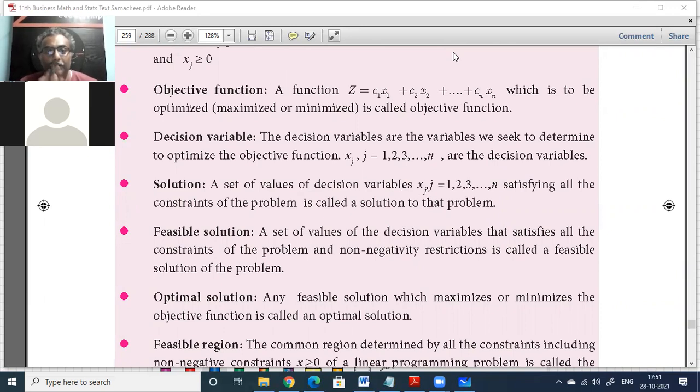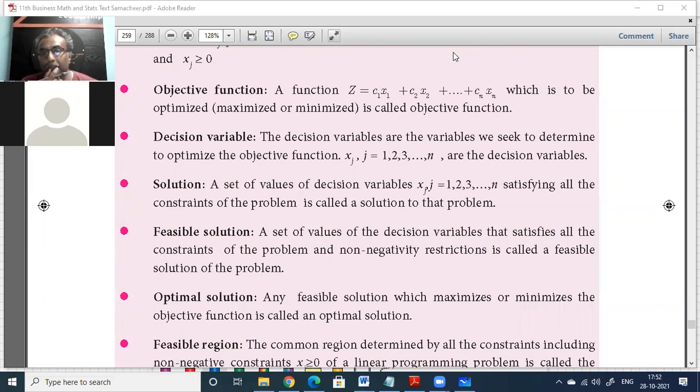And then feasible solution: a set of values of the decision variables that satisfies all the constraints of the problem and the non-negativity restrictions is called a feasible solution of the problem.